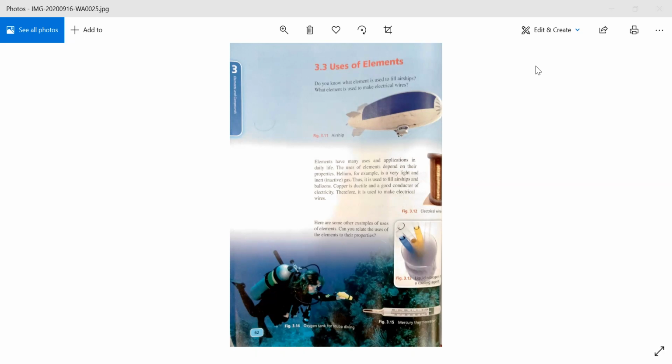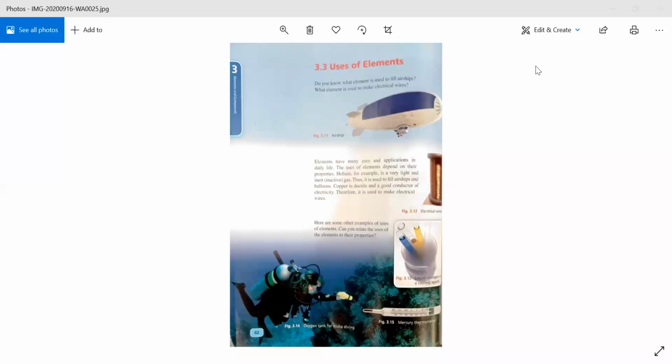For example, if we take an example of airship, can you name which element is used to fill airships? Or can you name the element through which we can make electrical wires?